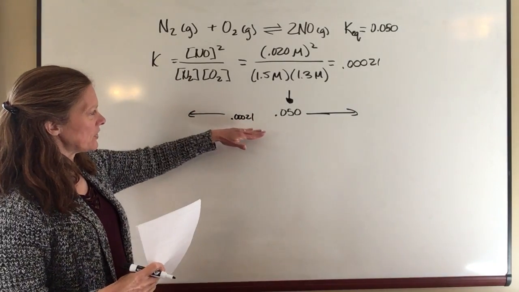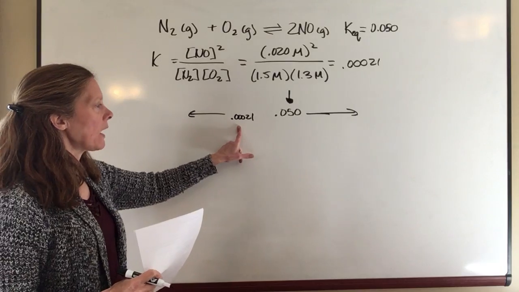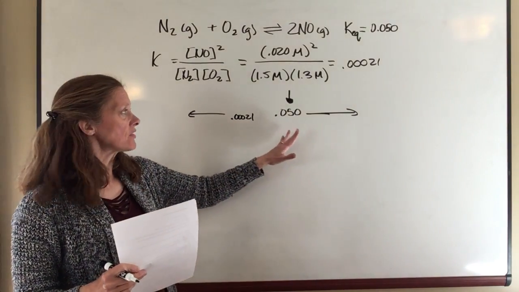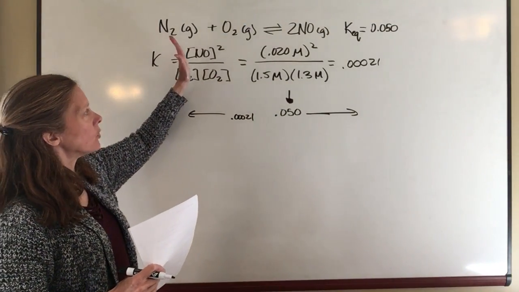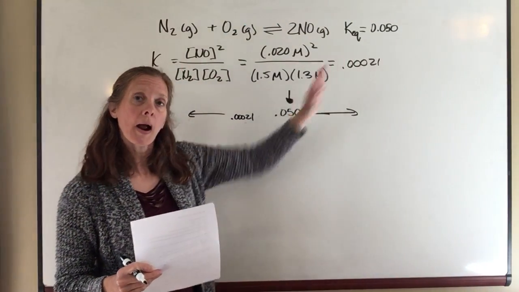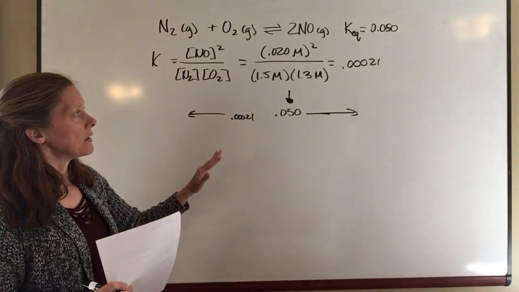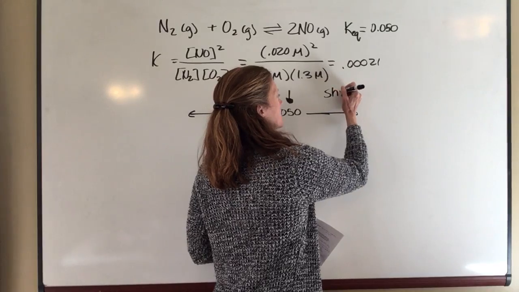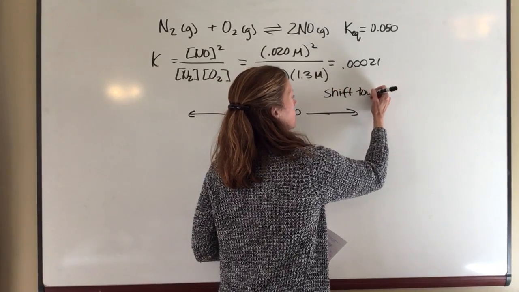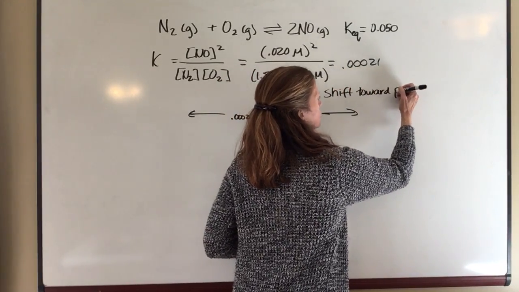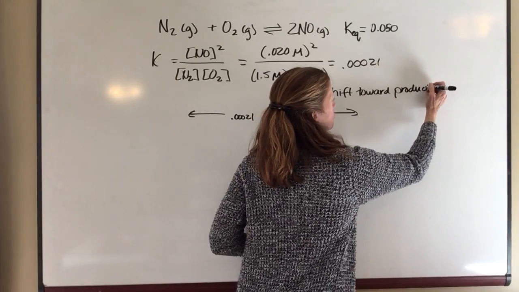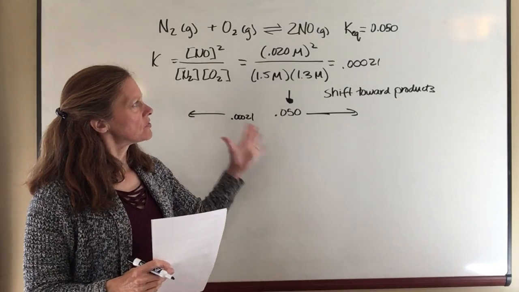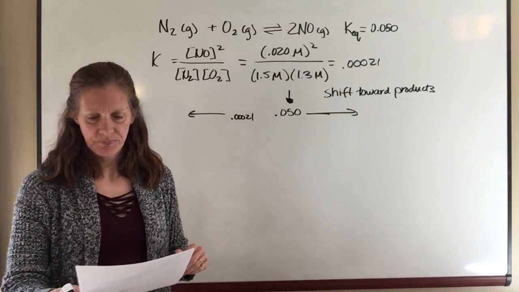So if I look at this on the number line, I would have to shift to the right. And so in a very similar fashion, that means that my reaction will also have to shift to the right or towards the products in order to actually reach equilibrium. So this one is not at equilibrium, but will have to shift toward the products in order to reach equilibrium. Okay? So reaction's not done, still has to shift towards the products.